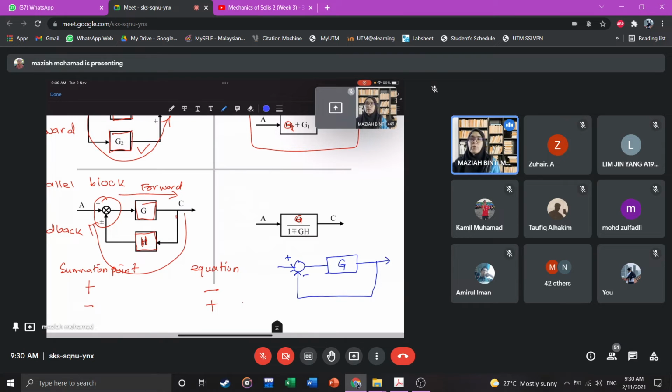For a line, we will consider the gain. Normally in the block we call it a gain. So the gain here is equal to 1. Meaning there is no transfer function there, so we consider the gain is 1. As for feedback, it doesn't matter because G will multiply with H there, so it becomes G only.